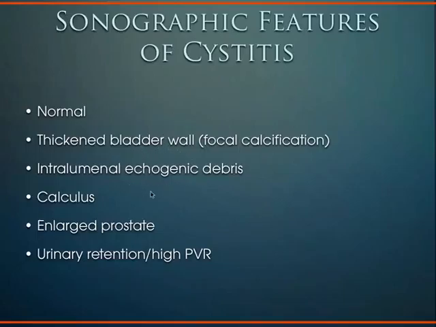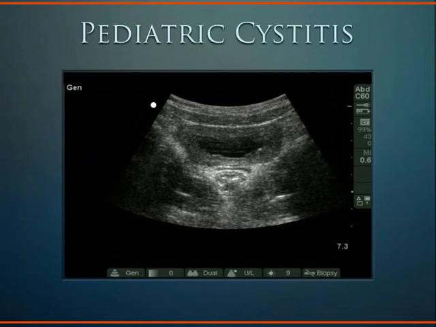Sometimes you'll see some echogenic debris within the lumen of the bladder, or even a bladder stone. Sometimes you can make out on ultrasound, quite easily, an enlarged prostate. The patient can have urinary retention or a high post-void residual, which can lead to chronic echogenic debris, which forms calculi and infections in the bladder.